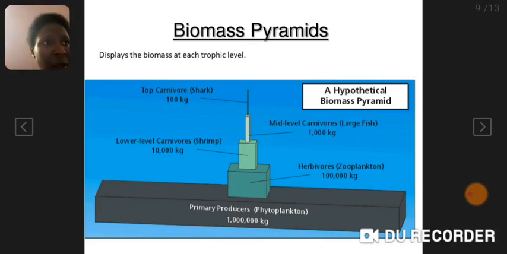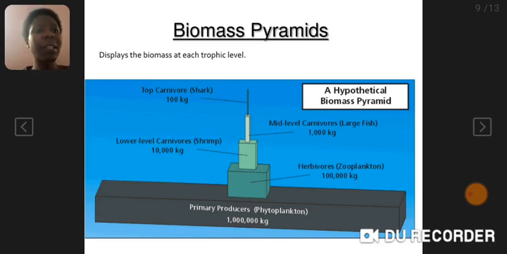The producers here are the phytoplankton, so this is a water habitat, followed by the primary consumers, which are the zooplankton, then the secondary consumers, which are carnivores, then the tertiary consumers, which are also carnivores but larger fishes, and then the quaternary consumers, which are the sharks, larger carnivores.